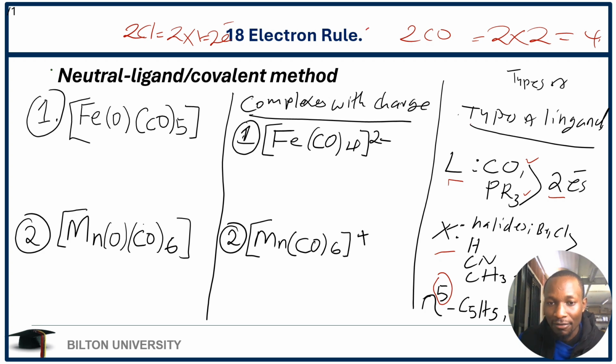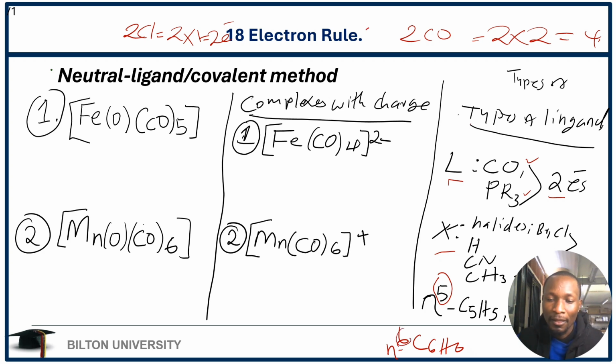In the case of cyclopentadienyl, the eta number here is 5. So in this eta-5 cyclopentadienyl, it can contribute 5 electrons. In the case of benzene, C6H6, the eta-6 is going to contribute 6 electrons.